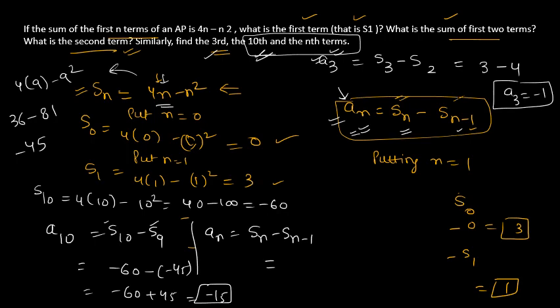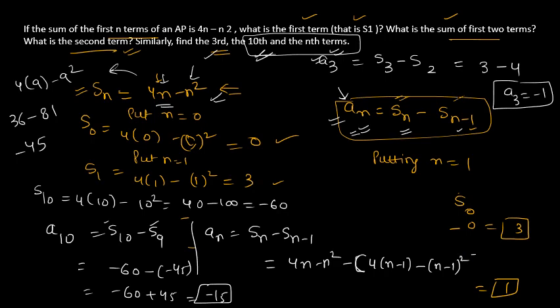So Sn is what? Here it is given to you, 4n minus n square, right? What will be Sn minus 1? Just put n as n minus 1. So 4 into n minus 1 minus here n minus 1 whole square, correct? Just bear with me.